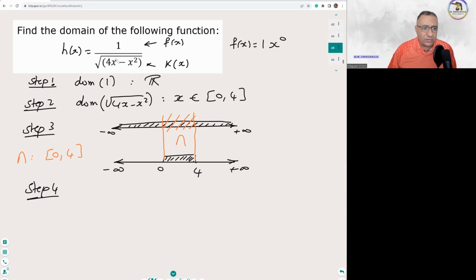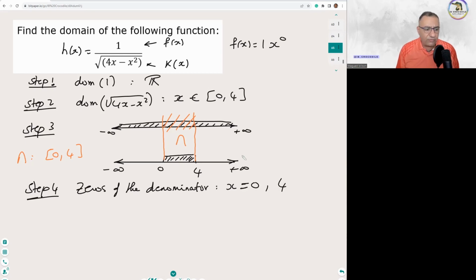What are the values that make the denominator 0, which are the same values that make this expression 0, which is basically 0 and 4. We found them already. So the zeros are going to be 0 and 4.